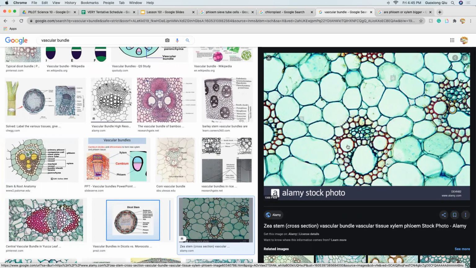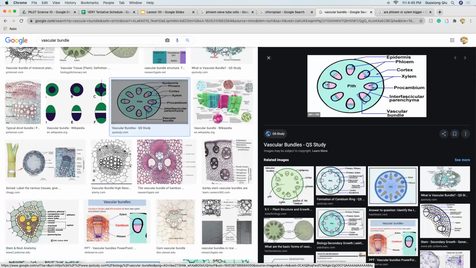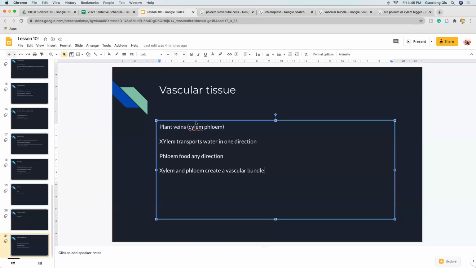We have the xylem here, and we have the phloem. Their arrangements differ. So in some plants, they might look like this, where it's neatly organized. The pink area is the xylem, the blue area is the phloem. Sorry, xylem is bigger. Okay.